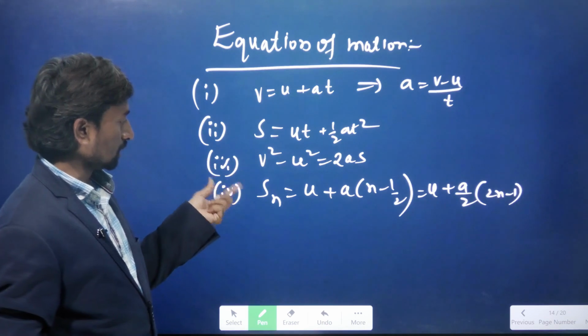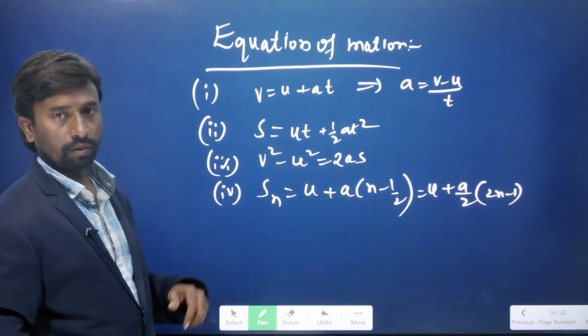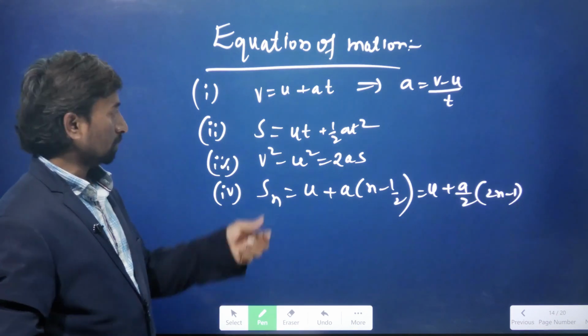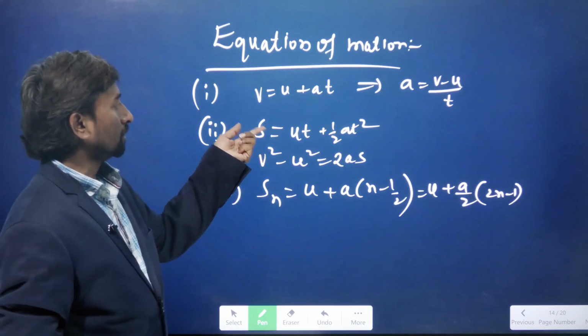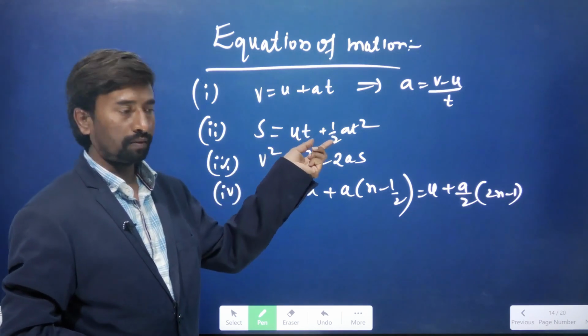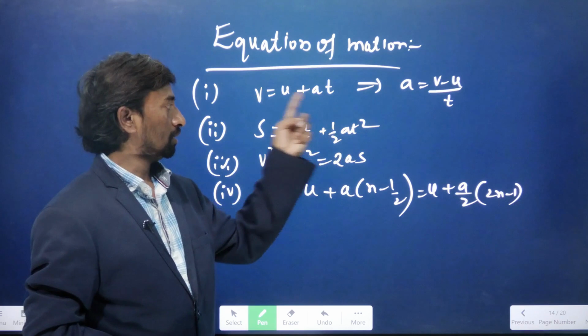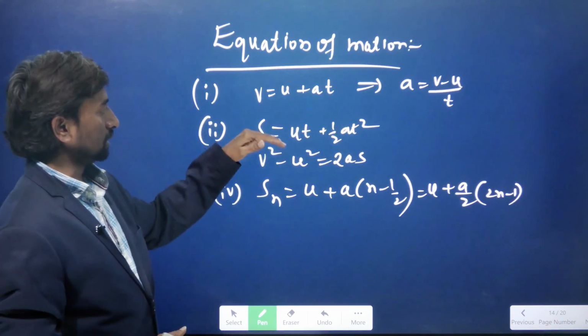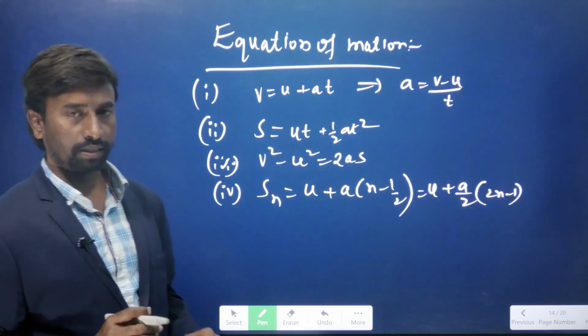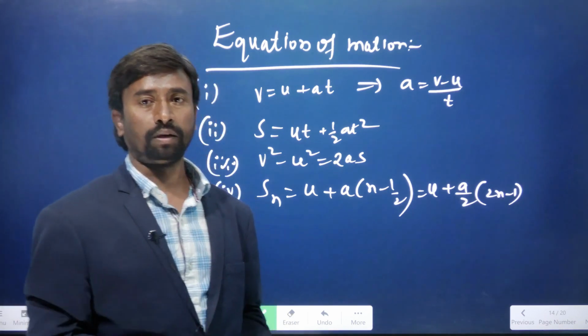The fourth one is also an equation of displacement, but the second one gives the displacement traveled by a body in a certain time interval. In a certain time interval, the expression for the displacement is s equals ut plus half at square. It is the displacement or distance traveled in a particular time interval.